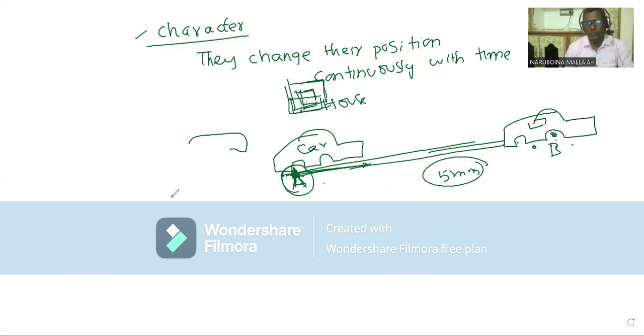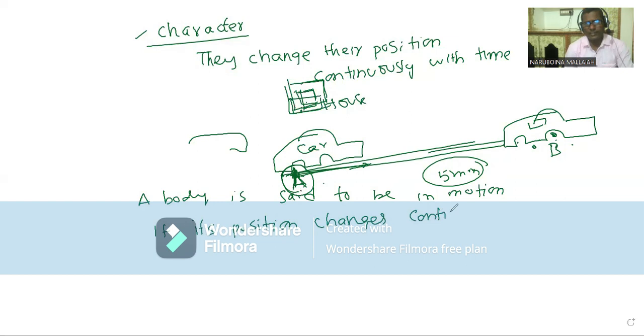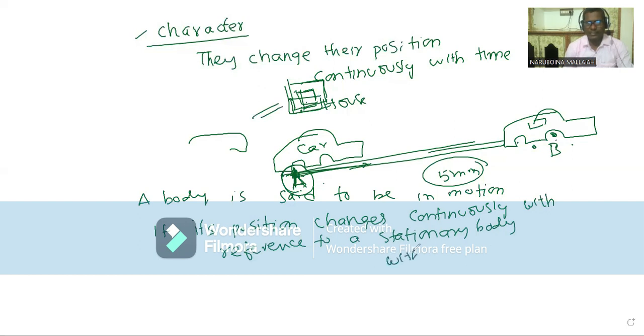A body is said to be in motion if its position changes continuously with reference to a stationary body, with time. Here the stationary body is the house.